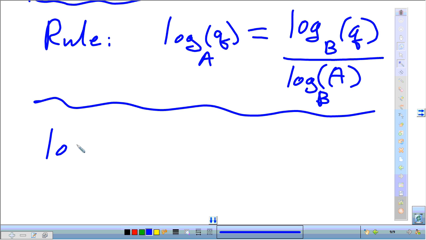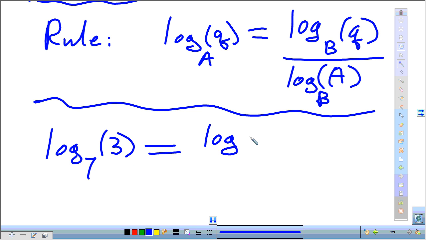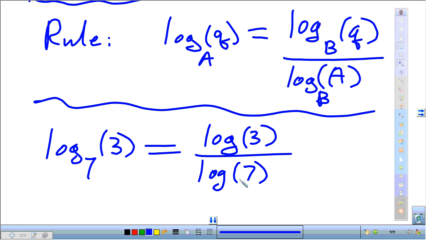So if you wanted log base 7 of 3 and you go to your calculator, you would have to do log base 10 of 3, so same logarithm, but also divide by log base 10 of 7. Then you could compute it with your calculator.